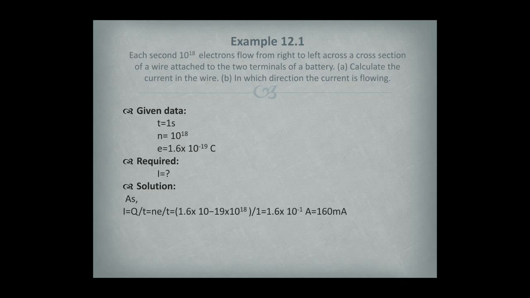So in this way, we get I is equal to ne over t. After putting the values of small n, e and t, what do we get? We get the magnitude of the current, that is I is equal to 160 milliampere. The current is flowing from left to right, that is in the opposite direction of electron flow.